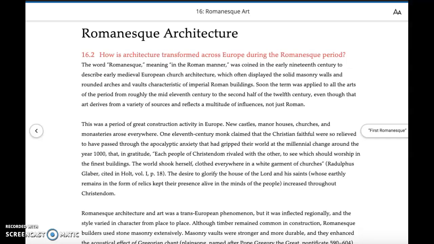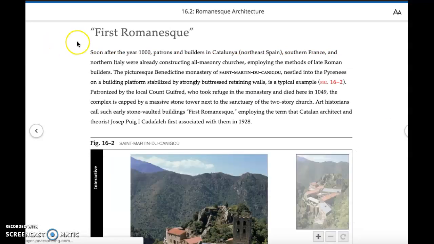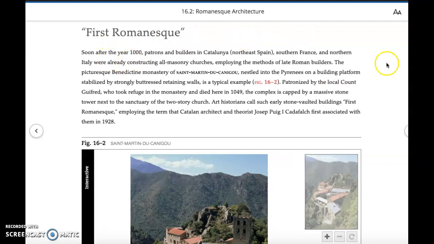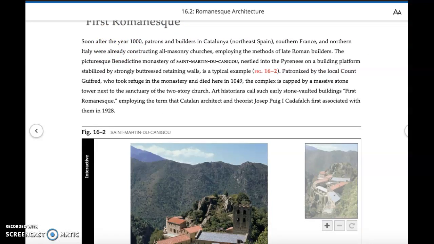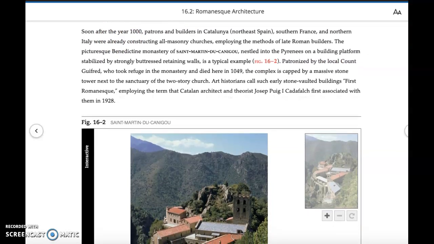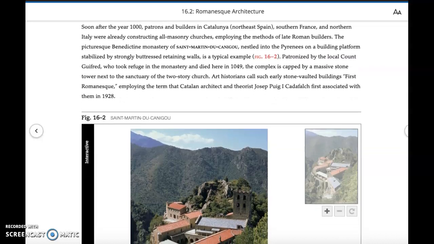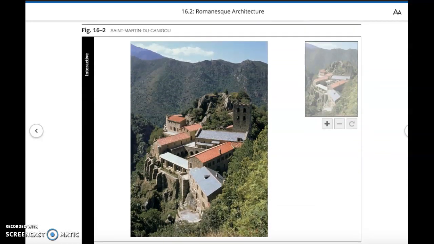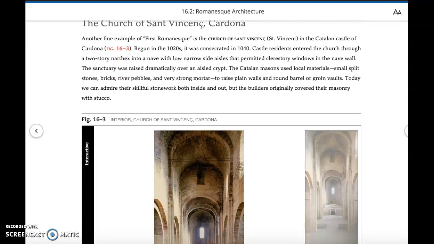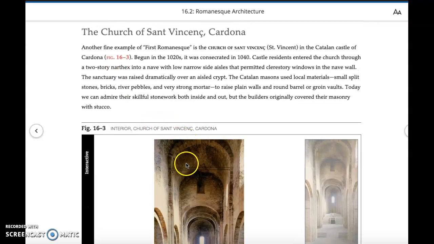So if we come back to your textbook and we look at what they call First Romanesque, they're showing you the earliest development of this stone mason construction using arches and vaulted ceilings. They're showing you here Saint-Martin du Canigou, and then down here, a very good vision, the Church of Saint-Vincent in Cardona.